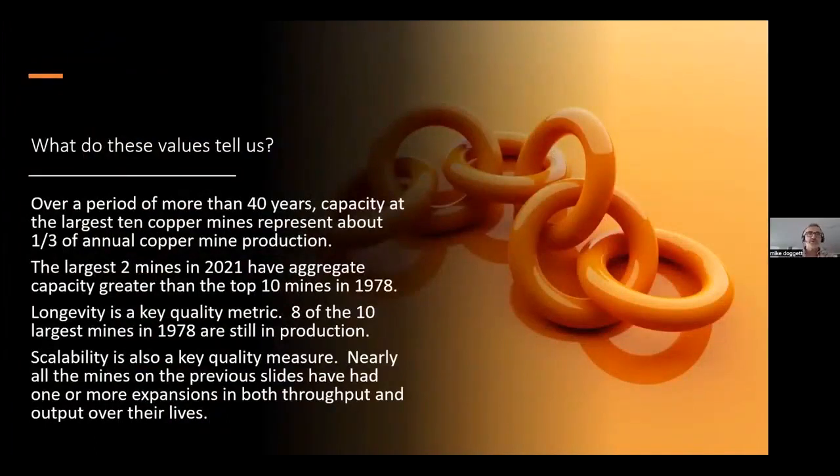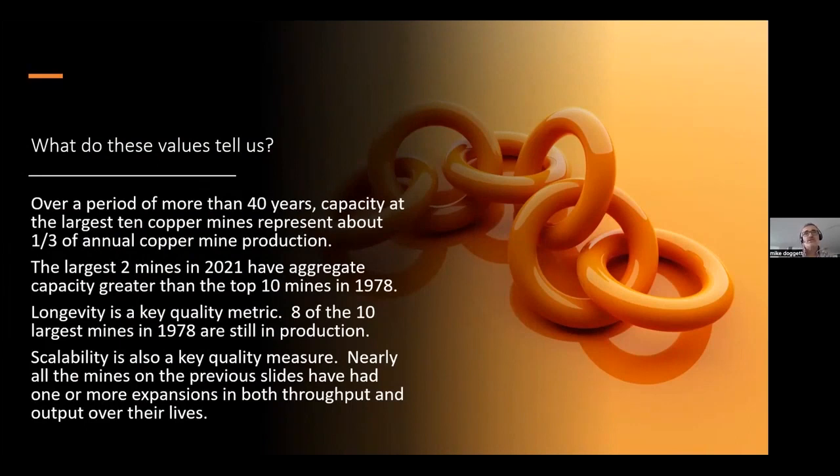Well, over a 40-year period, capacity at the largest 10 mines represents about a third of annual copper mine production. And I'm not sure exactly what percentage of the number of mines those 10 mines represent, but certainly less than 5% of total copper mines.